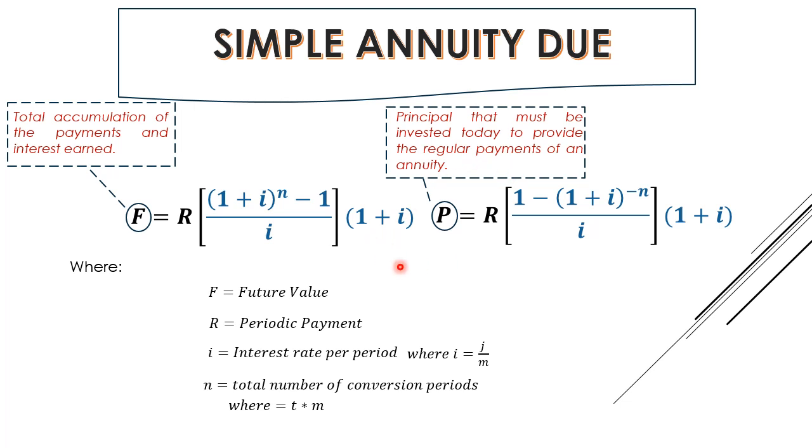If you spot the difference between the formula of the annuity due and the ordinary annuity, the only difference is the 1 plus I there. From the last illustration we had earlier, the annuity due has an additional interest for the last period, right? So that's why we multiplied the formulas for the future and the present value by 1 plus I. Let's have an example.